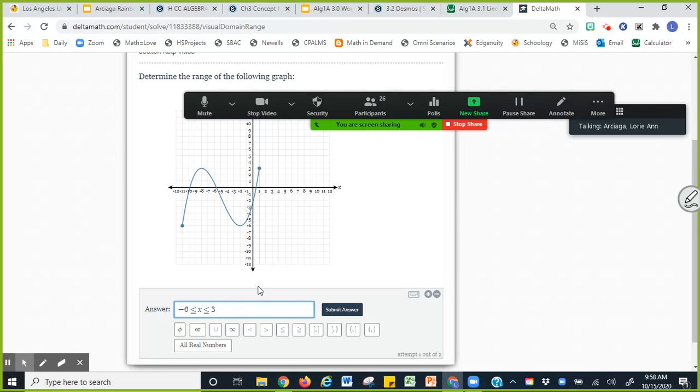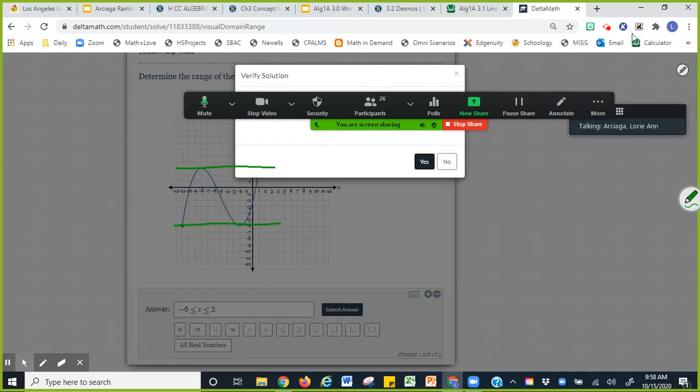When you're looking at the range, hang on, honey, Mommy's teaching. You look at the minimum y and the maximum y. The answer I typed in earlier was for the domain. If it's the domain, you look at the minimum x and the maximum x.